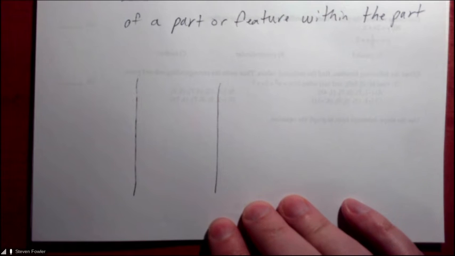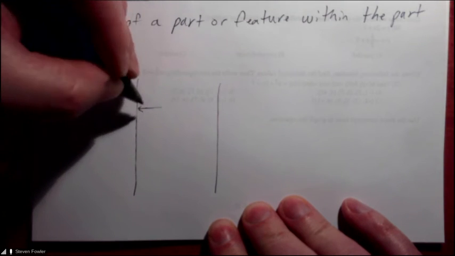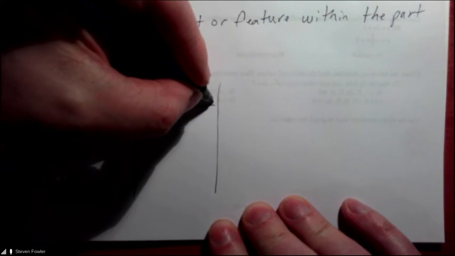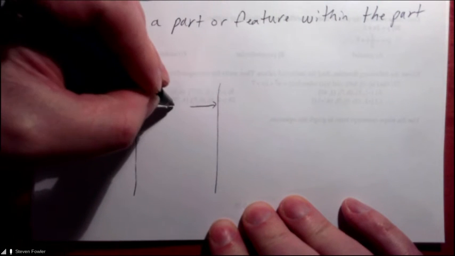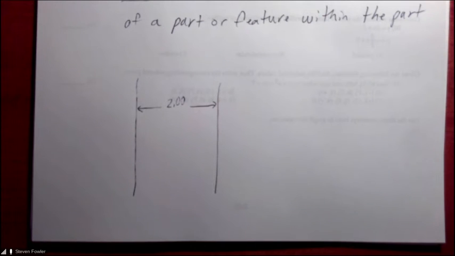The current standard says that you put two dimension lines with arrowheads, and you put the value in between them. So let's say this is a 2-inch gap.